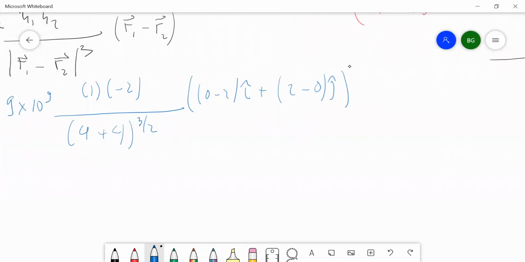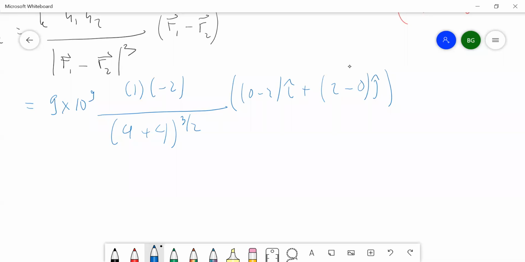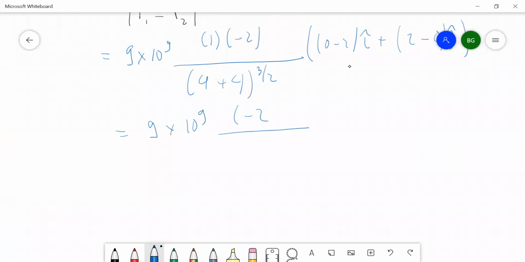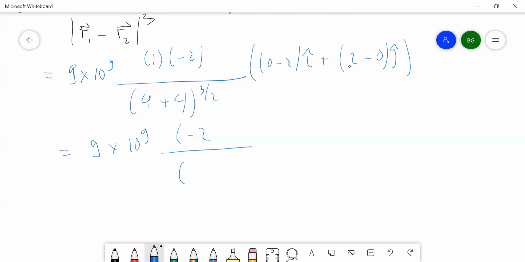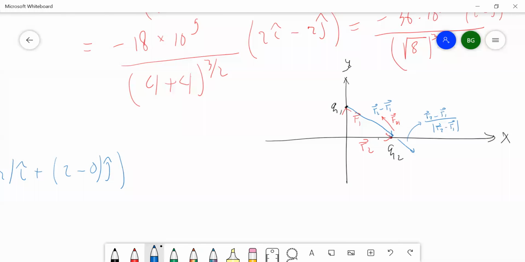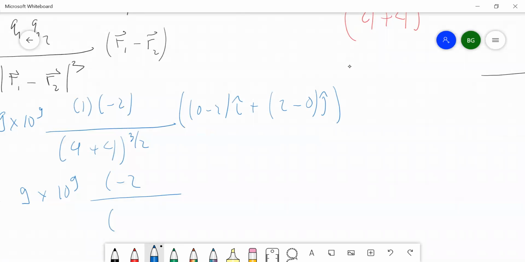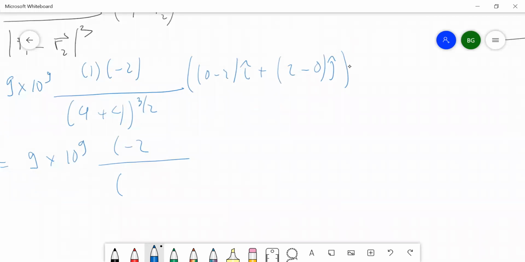Okay, here we have 9 times minus 2 over square root 8 to the 3, and this is minus 2i plus j.